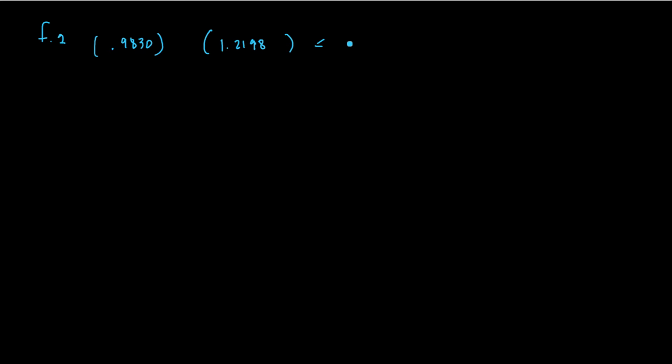So if we multiply these two together, we end up with 1.1991 Swiss francs to euros. And F2 just wants to know, what do we call this rate? Well, this is the cross rate, because we're converting one foreign currency into another foreign currency.